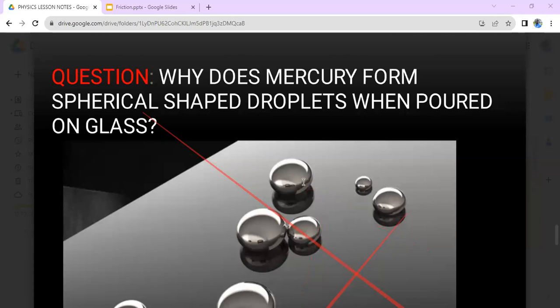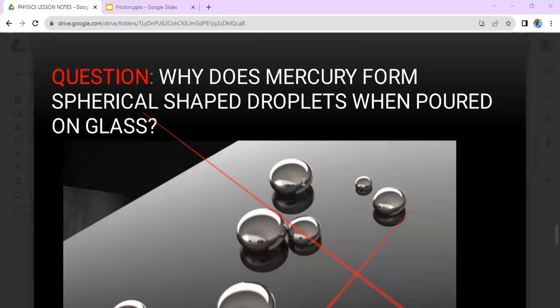Senoga Austin says the force of cohesion between the mercury molecules is greater than the adhesion force. Yeah, it is because of adhesion, from Henry. Then Pearl Grace says that the cohesion force causes the liquid to pull inward, minimizing surface tension.